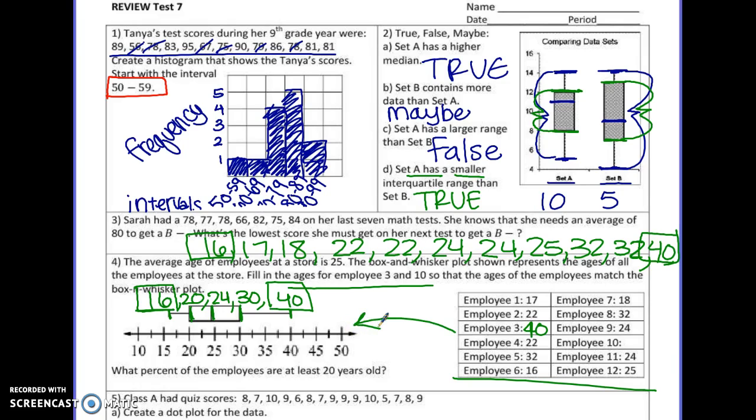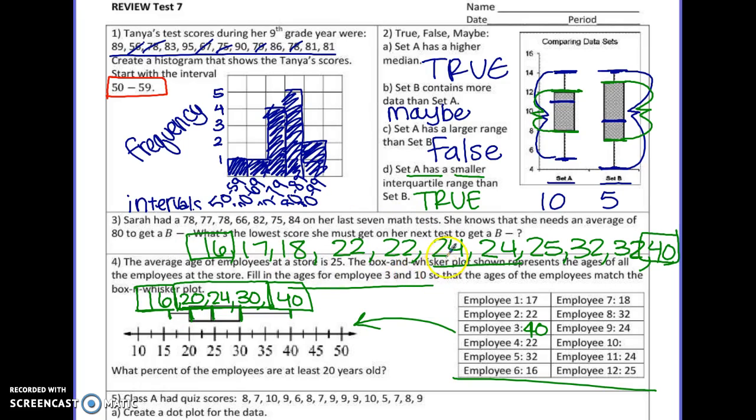Then these are all our middle numbers. So 24 needs to be the middle. The number 20 needs to be the middle on this side here of the lower half.